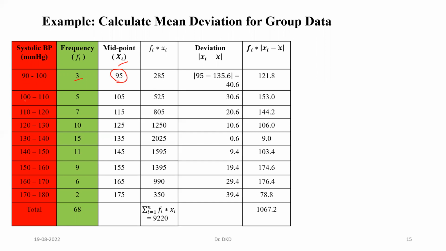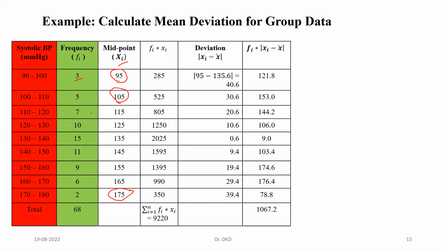Same way, 100 plus 110 divided by 2 gives 105. We do the same for all the values: 115, 125, and in the last, 170 plus 180 divided by 2 gives 175. So this is the midpoint xi value.